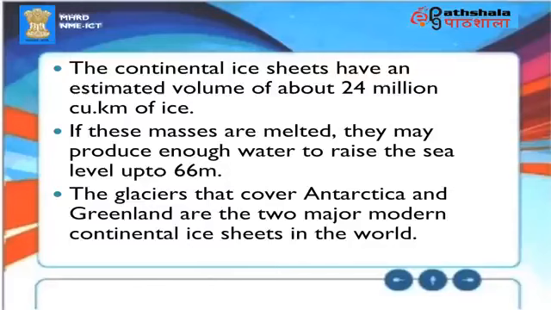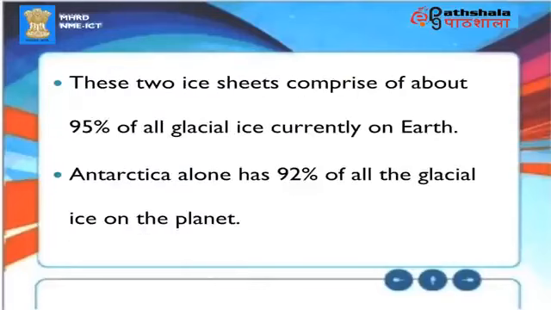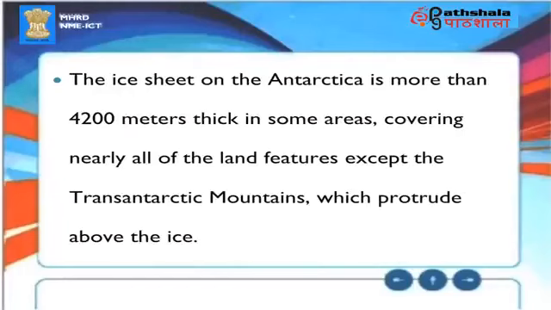The glaciers that cover Antarctica and Greenland are the two major modern continental ice sheets in the world. These two ice sheets comprise about 95% of all glacial ice currently on Earth. Antarctica alone has 92% of all the glacial ice on the planet.